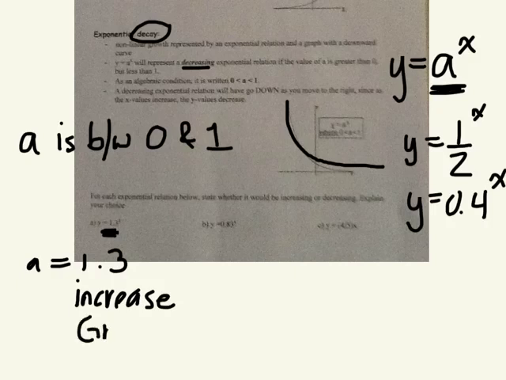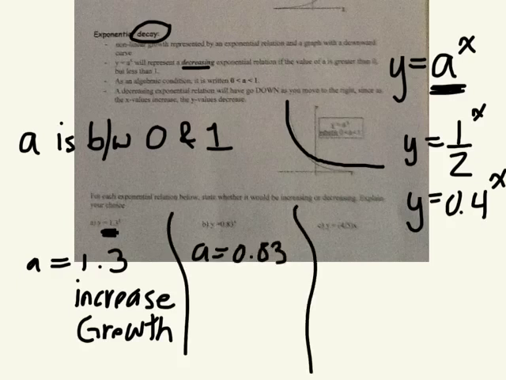So for a, the a value is 1.3, which is a number that's greater than 1. So this is going to increase, and it's going to show exponential growth. B, a equals 0.83. Is that going to be growth or decay? Good. And is it going to increase or decrease?